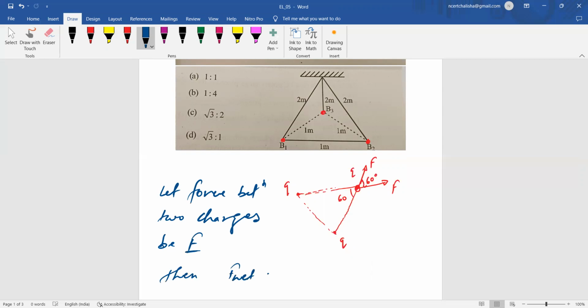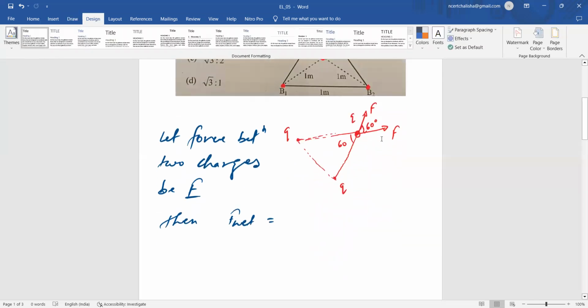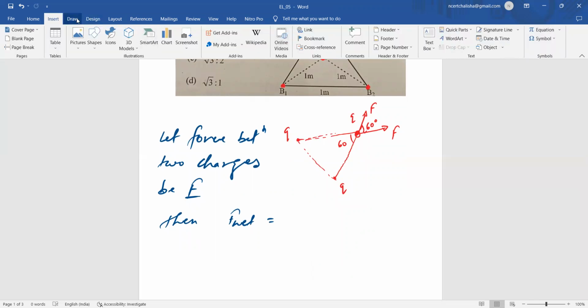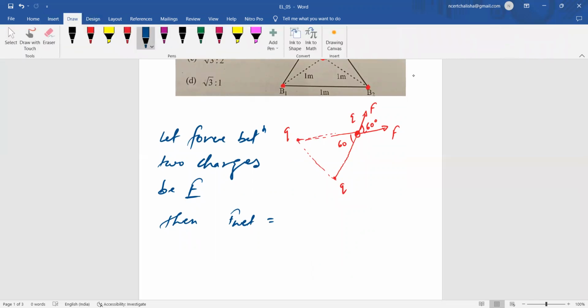Net force means the net force acting on a single charge, which forms a vertex of the equilateral triangle.